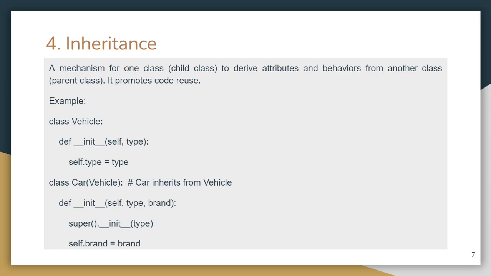It promotes code reuse, that is reusability: we can use a class's attributes and behavior in more than one class, that is in a child class. Let's see an example, and this is not a full example.